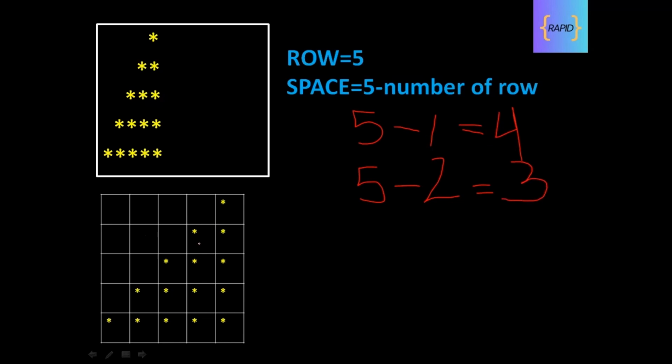And we have 3 spaces. For the third row, 5 minus 3 is equal to 2. And we have 2 spaces here. Now we have the formula for spaces. And now we will apply this formula in the program.